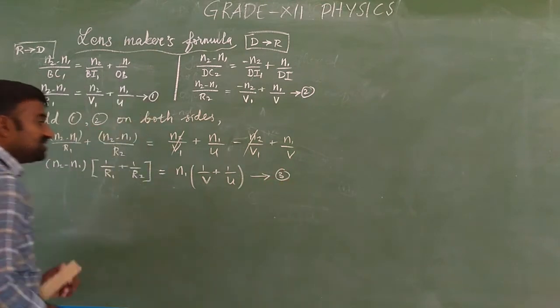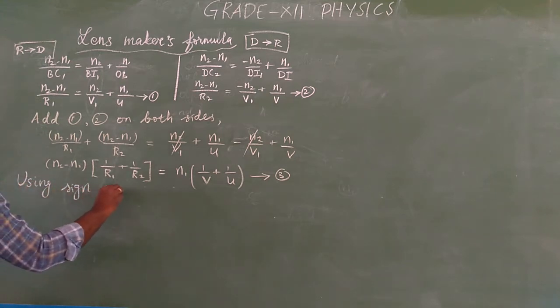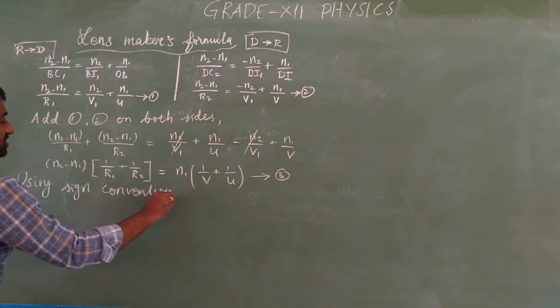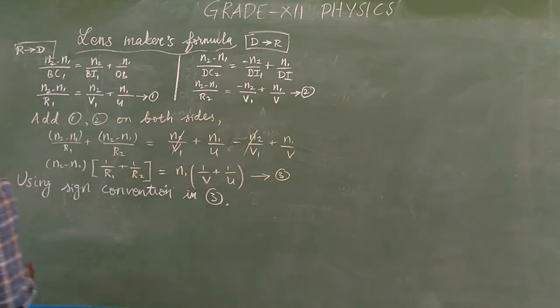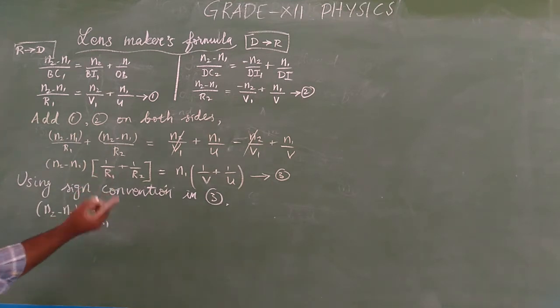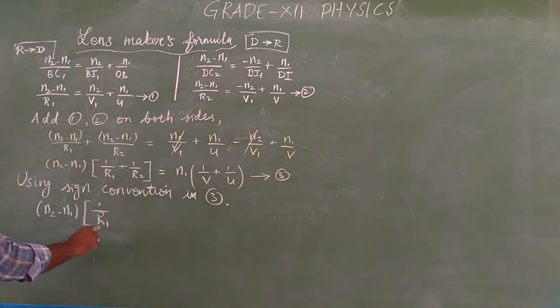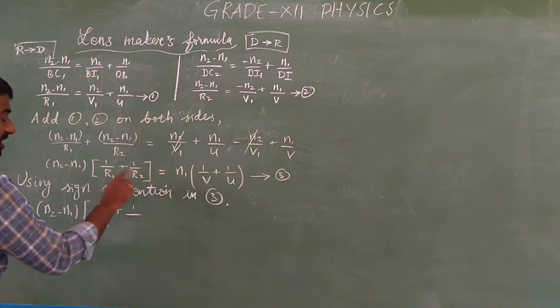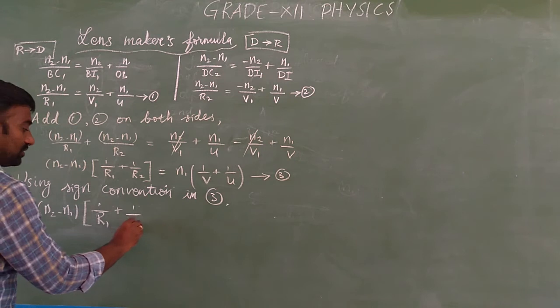In this third equation, use the sign convention. We get N2 minus N1 of 1 by R1, where R1 is the radius of curvature of the first surface, which is on the right hand side, so it is plus, and 1 by R2, where R2 is the radius of curvature of the second surface, which is on the left hand side, so minus R2.